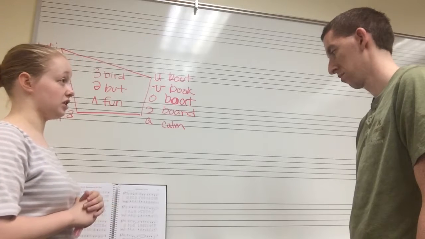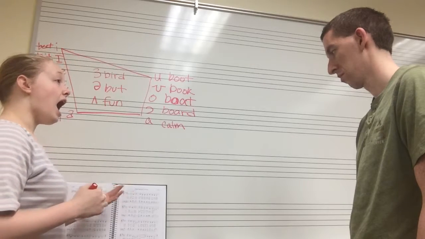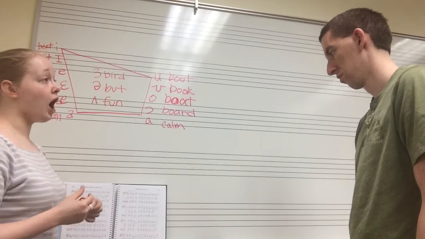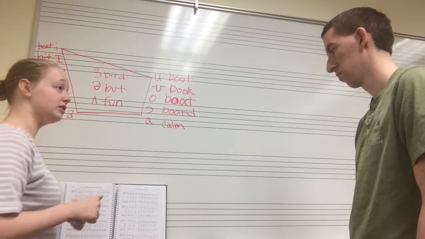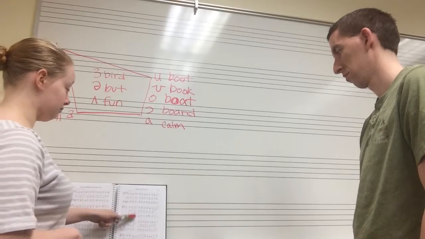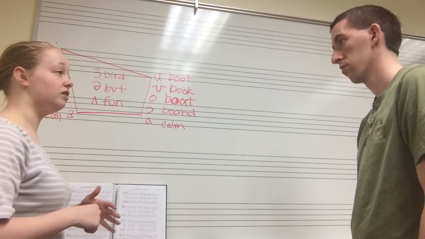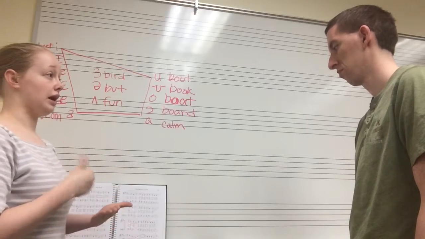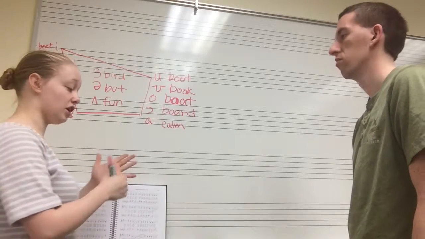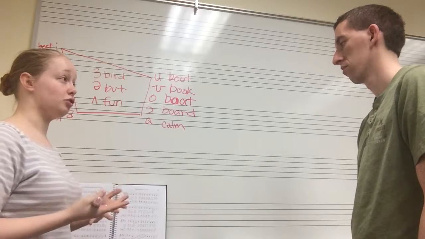As from above does not sound nearly as good as from above. And we want to make sure that you can hear the above, but not too strongly because it's not the strong syllable.